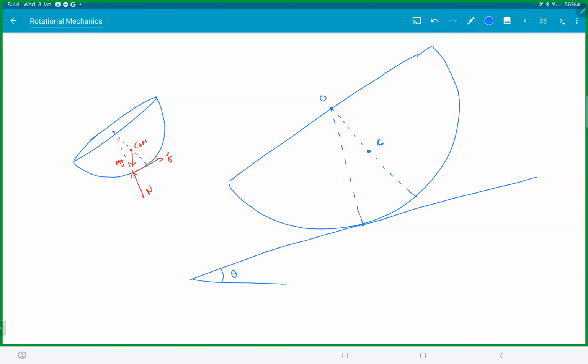So this is theta. Let's call it A. This angle is alpha. This angle is alpha. This would be 90 minus alpha, and this is alpha.